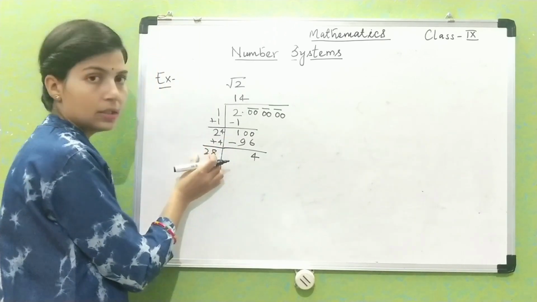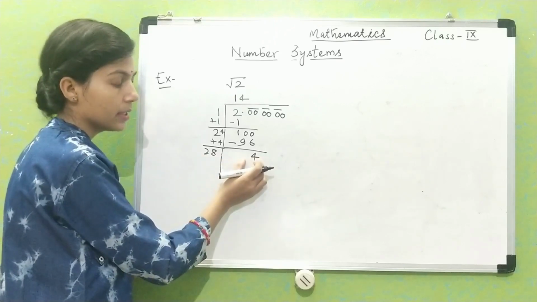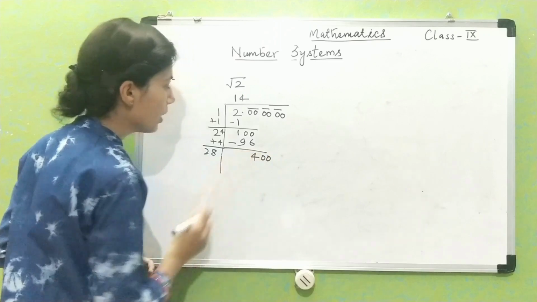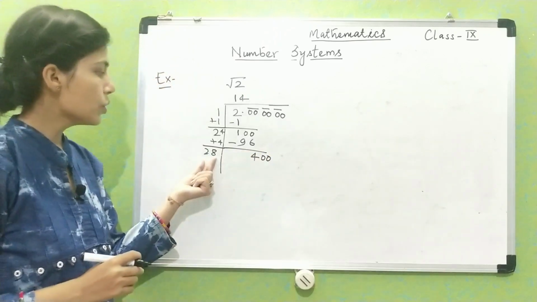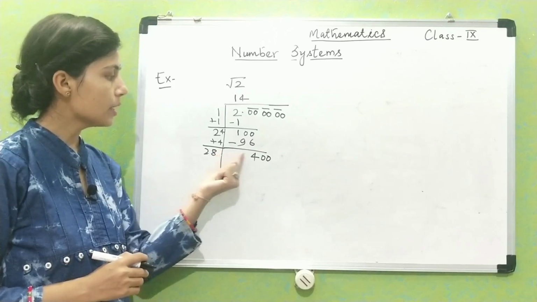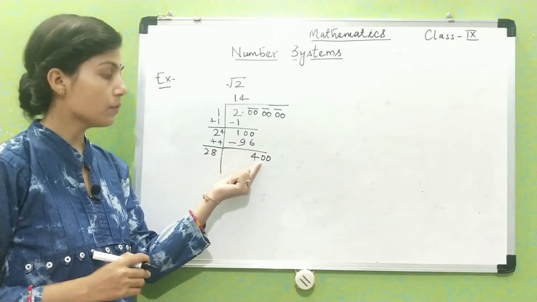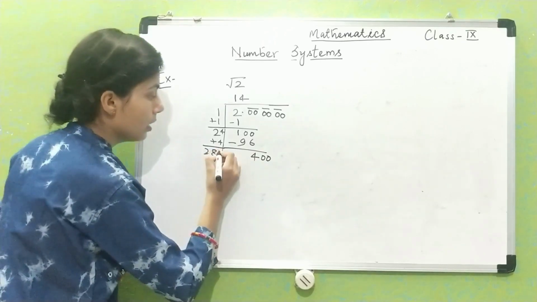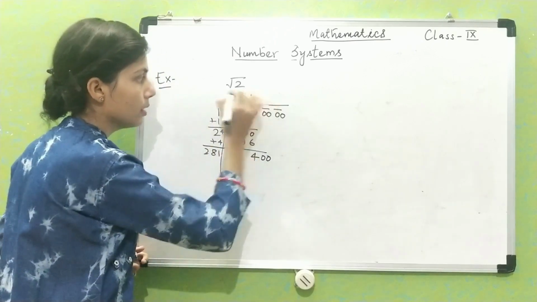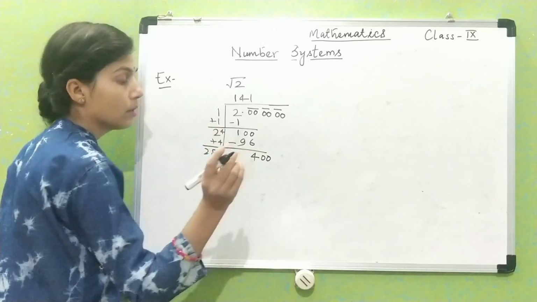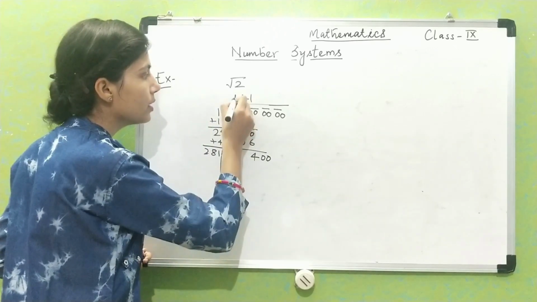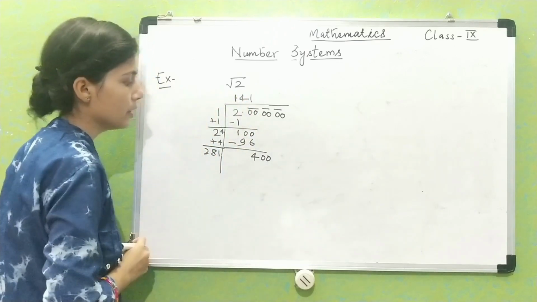Now the divisor is greater than the dividend, so you have to put down these two 0s again. Now choose any digit so that it will come less than 400. I have taken 1. Okay, 1 here also. One more thing, after 1 is the decimal, so the decimal will come here.